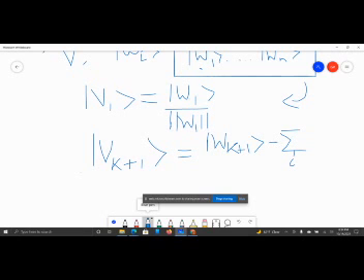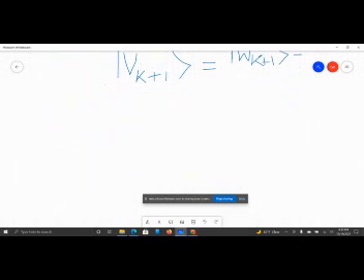minus the summation over i of the inner product between v i and w. Okay, this is getting crammed. Let me rewrite that really quickly.